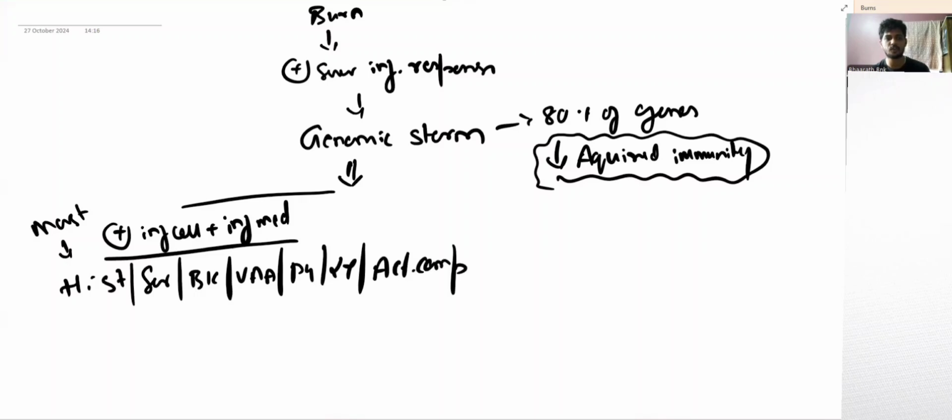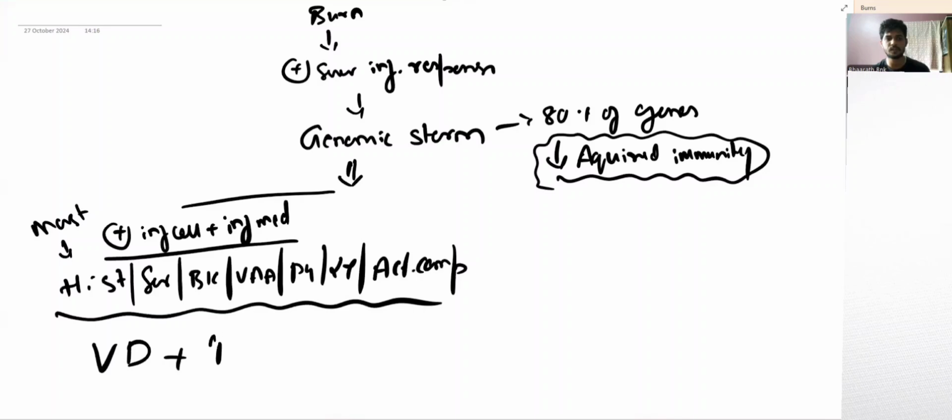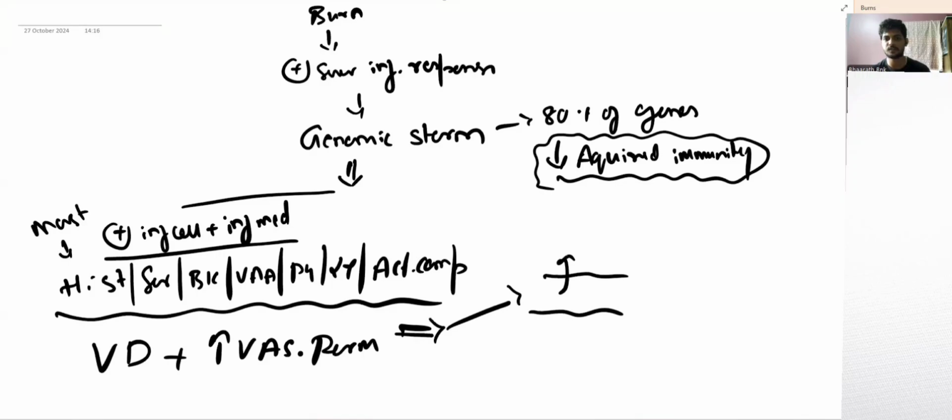All of this causes vasodilation plus increased vascular permeability. What histamine does is increase the gap junctions between the endothelial cells so that permeability is increased. When vascular permeability is increased, all the fluid goes into the interstitial space.